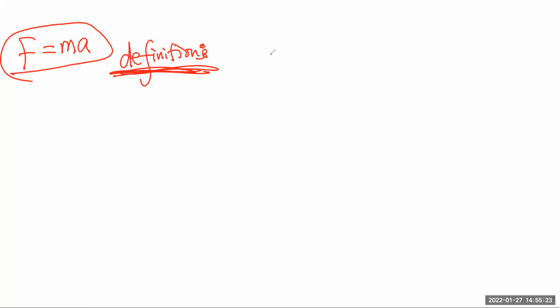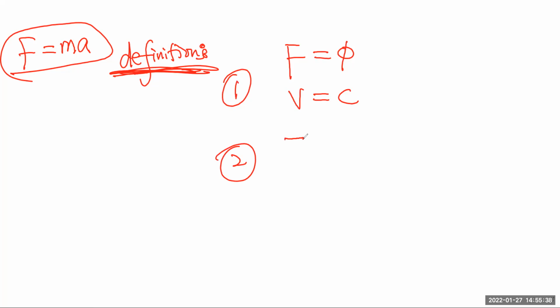One is inertia: if force is 0, the velocity has to be constant. Second one is force is equal to mass times acceleration. The third one is any action has an equal amount but opposite reaction. That's basically the basics of high school physics.